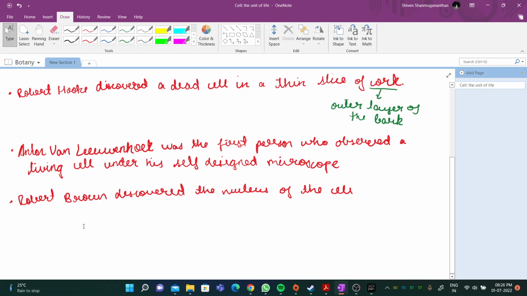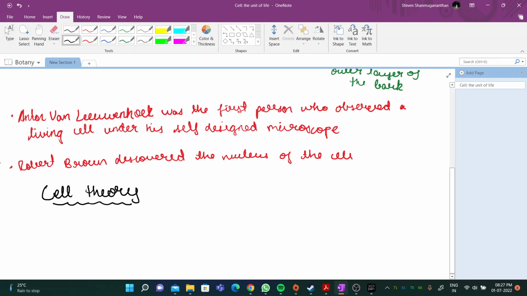Now, the theory was put forward by Matthias Schleiden and Theodor Schwann. So, let's start off slow here. I'll take the color black. I'll put the heading as cell theory. Underline this. Great. Now, in 1838, Matthias Schleiden, a German botanist, studied a large number of plants and observed that all plants are composed of the same kind of cells, which form the tissue of plants.